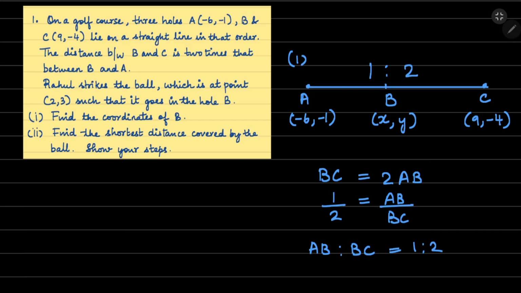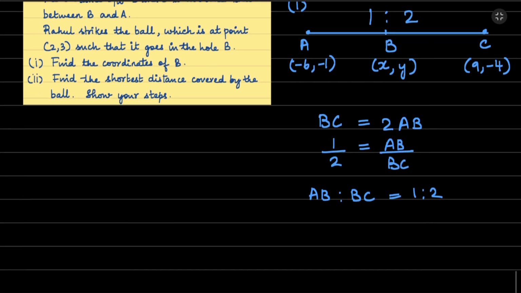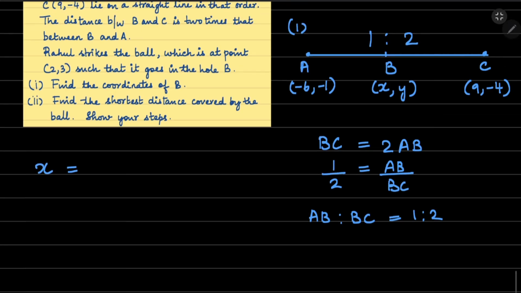Now using the section formula, it is very easy for us to calculate the x coordinate and y coordinate of the point B. So let's calculate the x coordinate. X coordinate is equal to (m x2 plus n x1) divided by (m plus n).